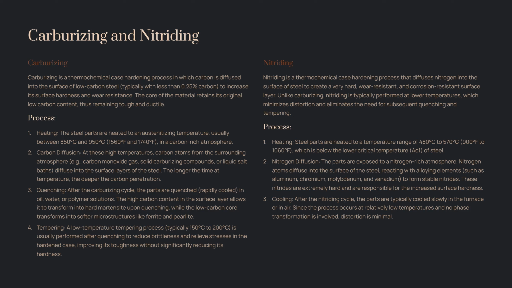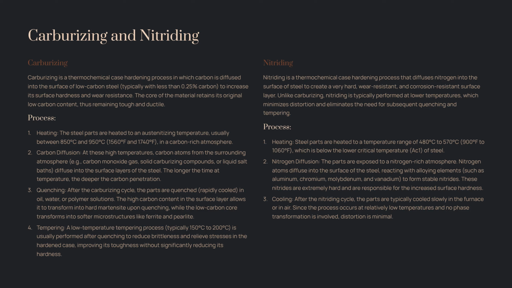Process heating. Steel parts are heated to an austenitizing temperature, typically lower than that used for carburizing, ranging from 700 degrees Celsius to 900 degrees Celsius, 1300 degrees Fahrenheit to 1650 degrees Fahrenheit. Carbon and nitrogen diffusion.